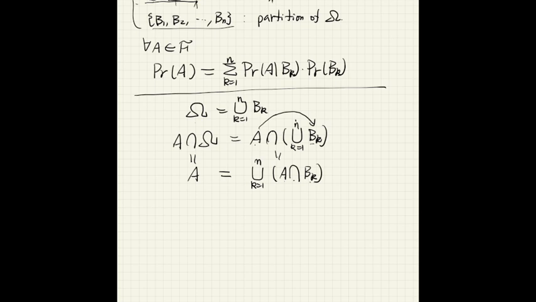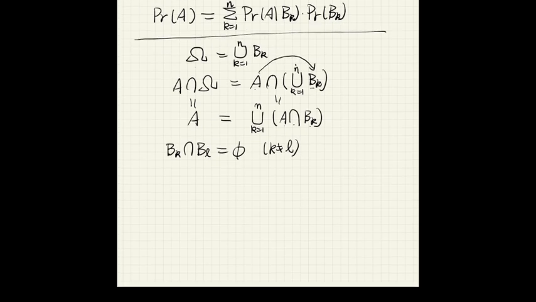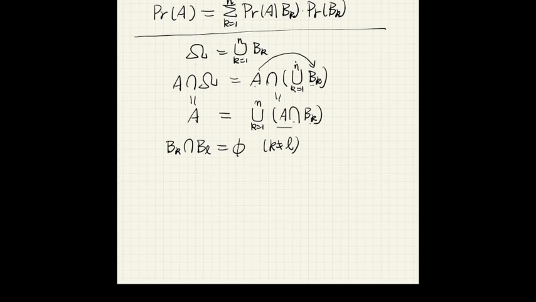Now, again, since Bk's are a partition, they are mutually disjoint. So Bk intersection Bl is empty if K is not equal to L. But look at this one.